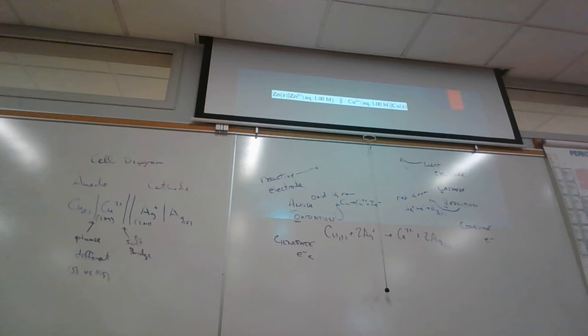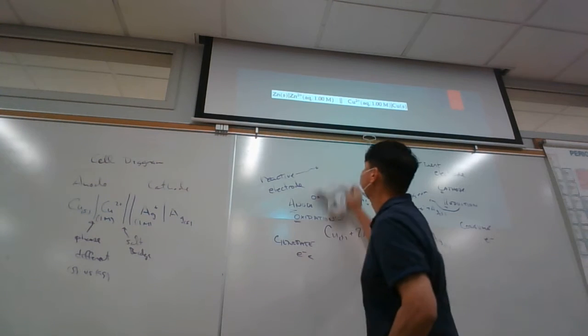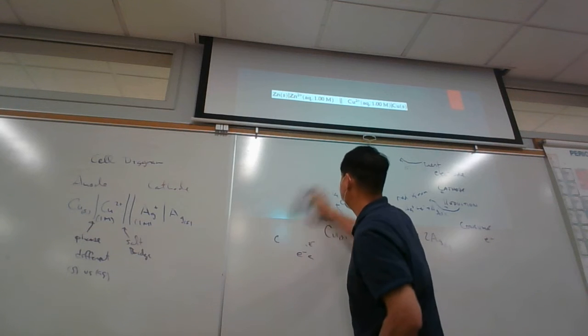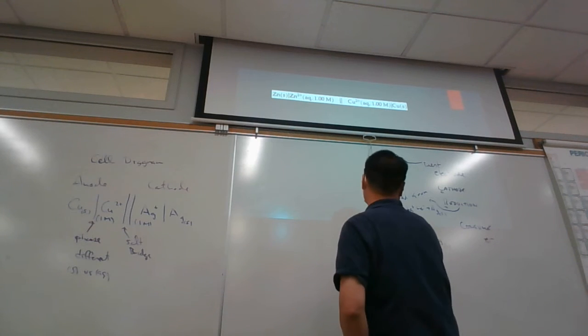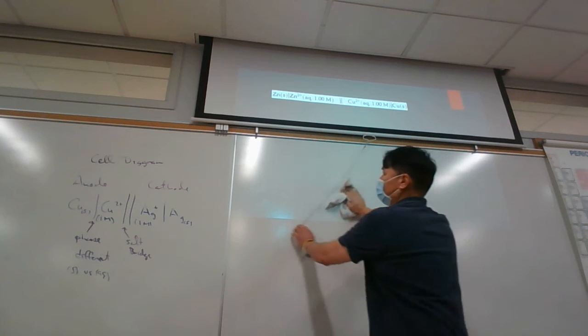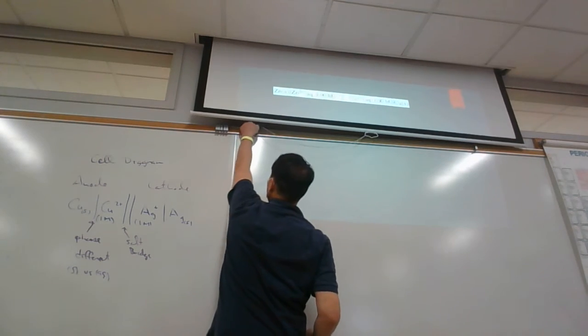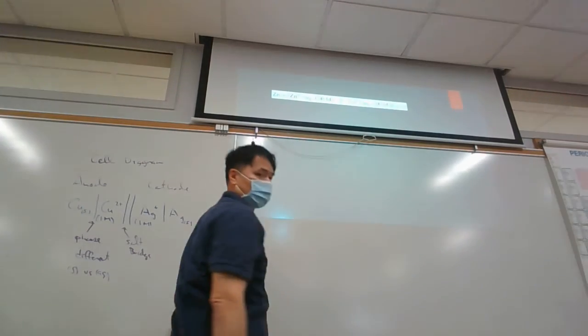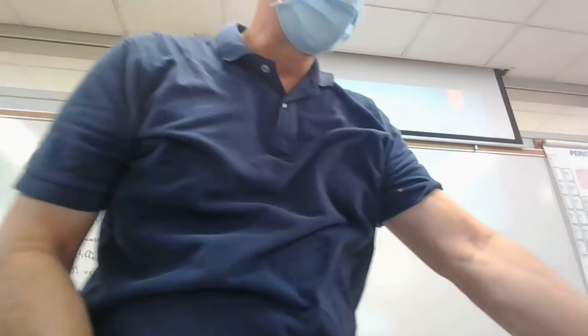So we could draw this cell out if we wanted to. So this is called the cell diagram, but if we wanted to draw a diagram of the cell, that is not a cell diagram, but maybe a drawing or a schematic type diagram, then it would look like this.